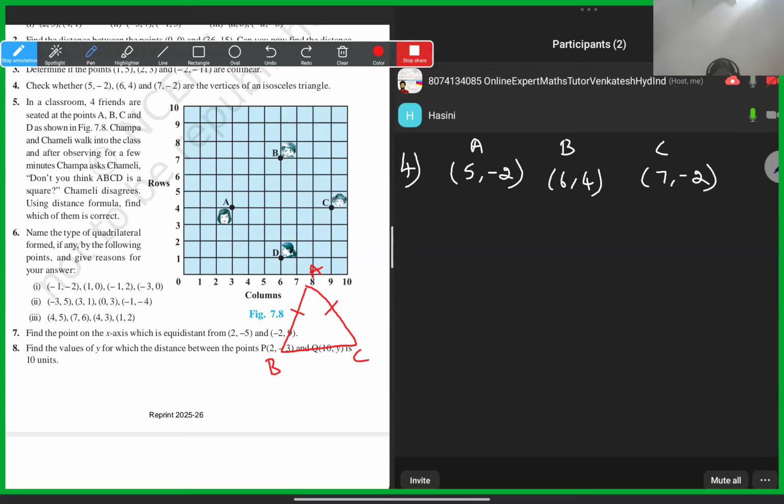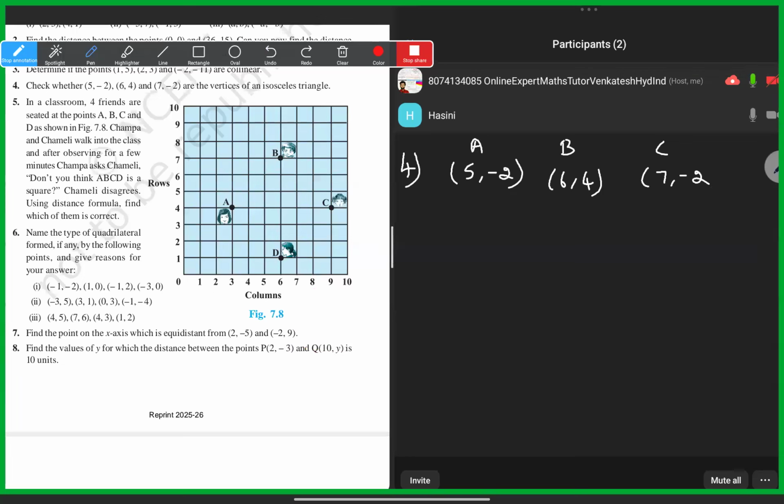So we should find the AB distance, BC distance, and CA distance. All three distances we'll find. If two of those sides are equal, then we'll say it's isosceles.